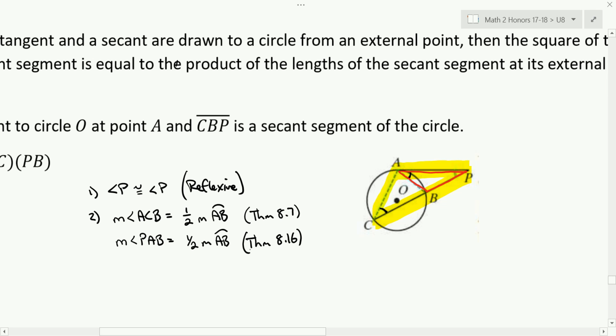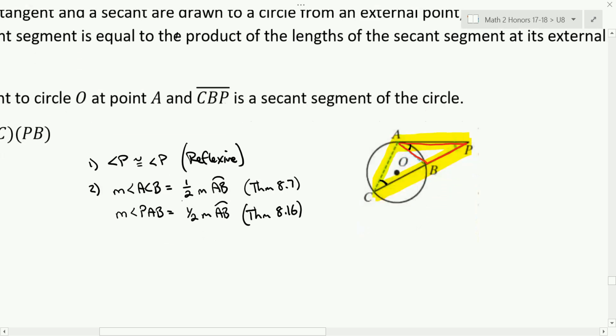So now we could say, because those are both equal to the same quantity, the measure of ACB is going to be equal to the measure of angle PAB by substitution. And because the measures are equal, we could say the angles are congruent. That's the definition of congruent angles.